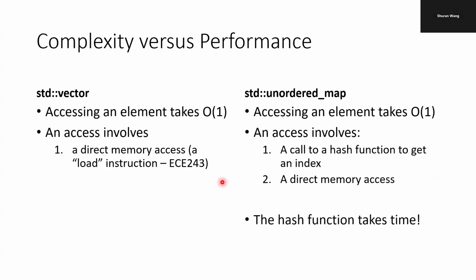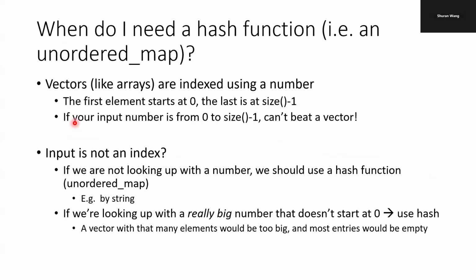And this makes it slower than vector because the hash functions are usually pretty slow. So vectors are like arrays. They are indexed using a number. So if you have a continuous range of data that starts at 0 and ends at size -1, this is the best choice.